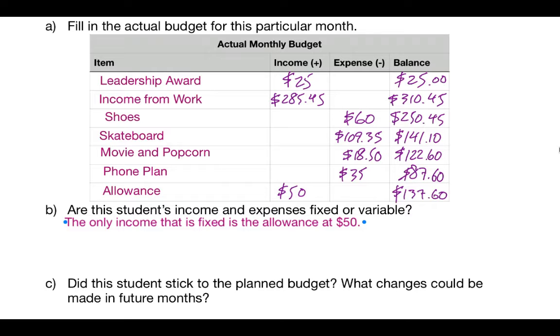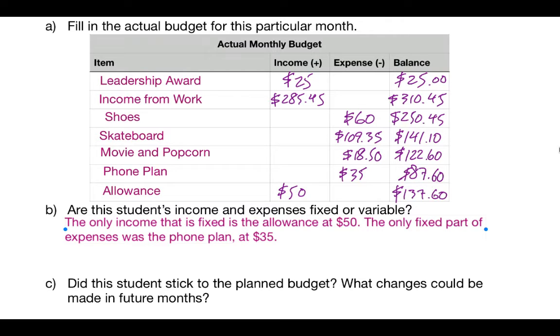So that's the income. The only fixed part of the income was the allowance. The only fixed part of expenses was the phone plan at $35.